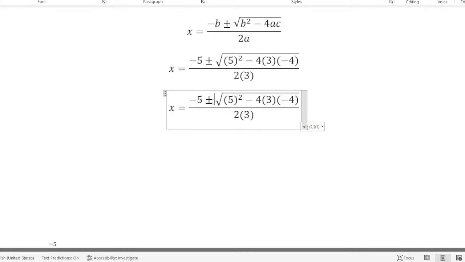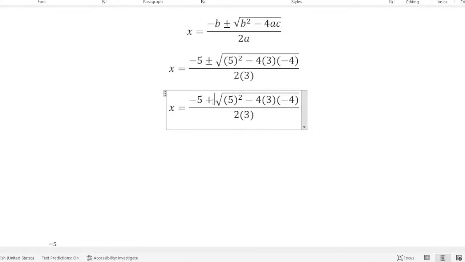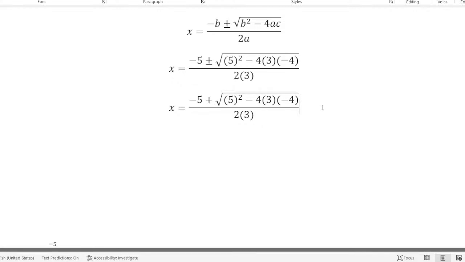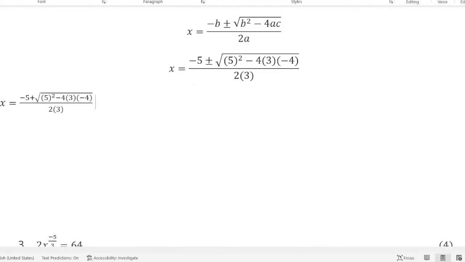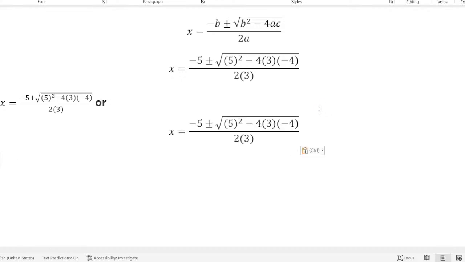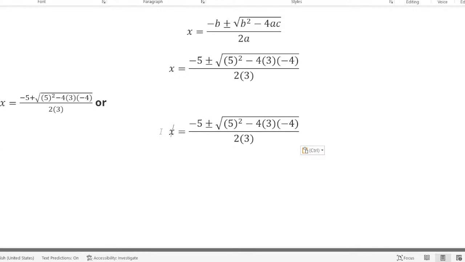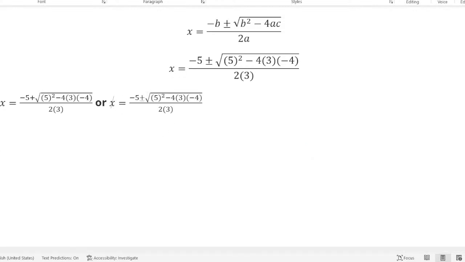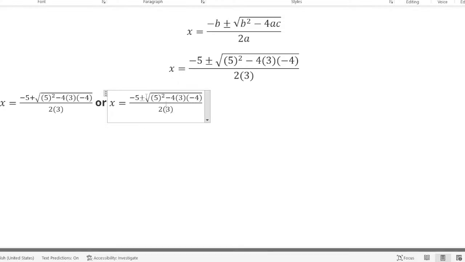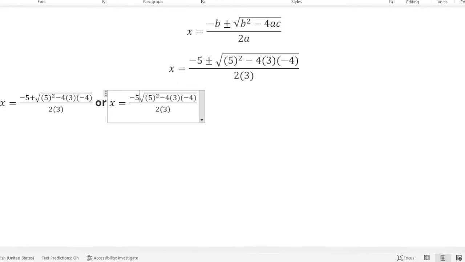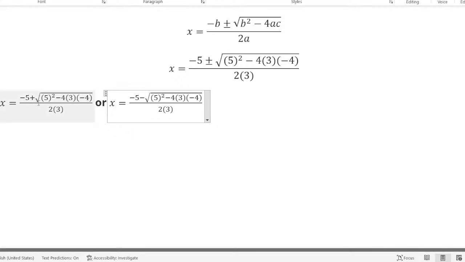Then we have two possible values. The first one is going to be plus, or the other possible value is going to be a minus.